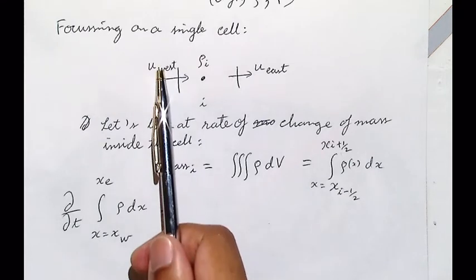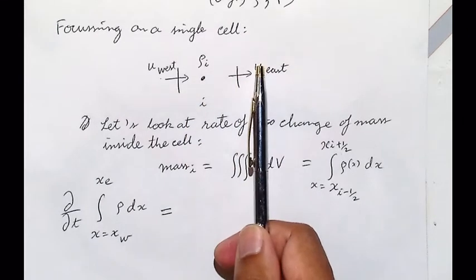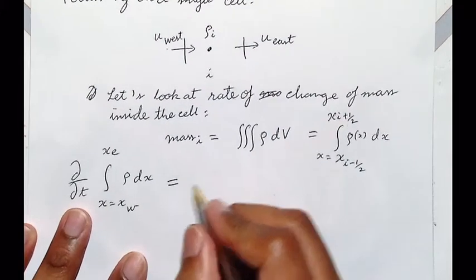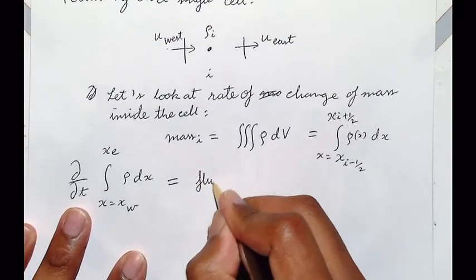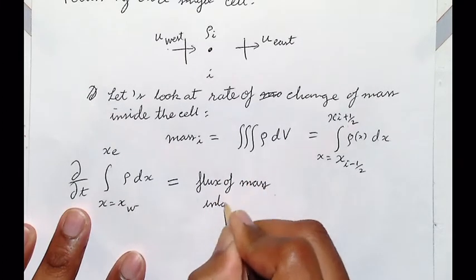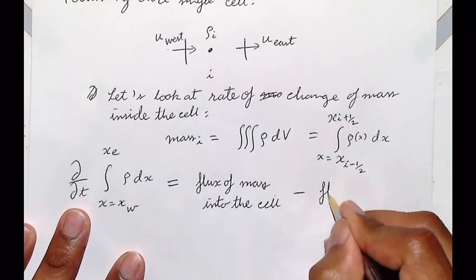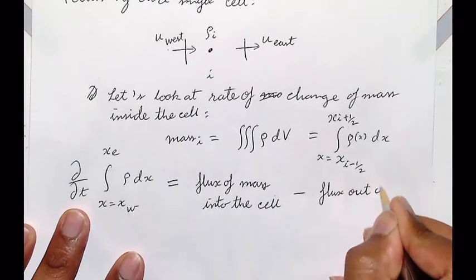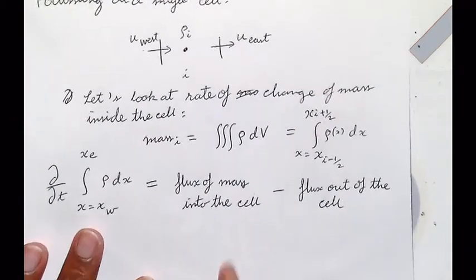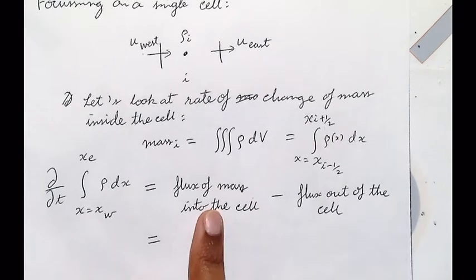It's because ink is being brought in by U, and it's being taken away by U. So the rate of change of mass inside the cell will be due to the flux of mass into the cell minus the flux out of the cell. Make sense?